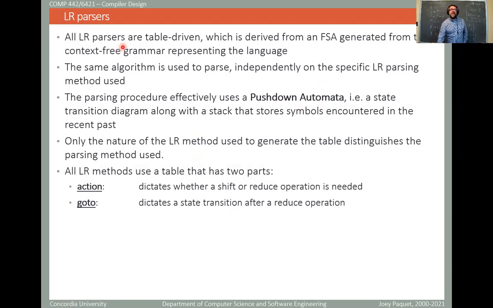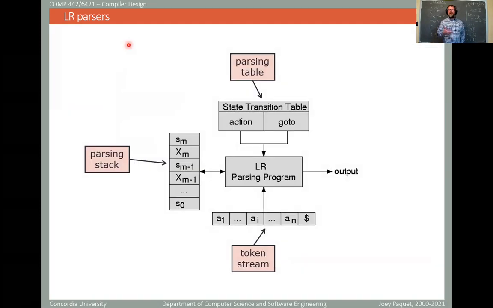So all LR parsers are table-driven. They are CLR, LALR, and SLR. All these three methods and some others use the same kind of table, a state transition table, with an action part and a go-to part.